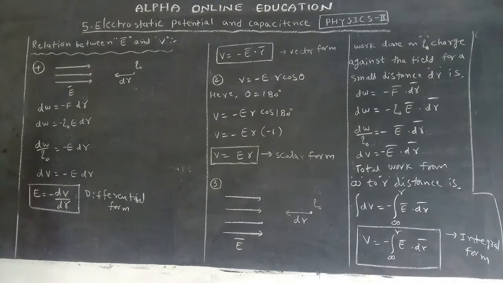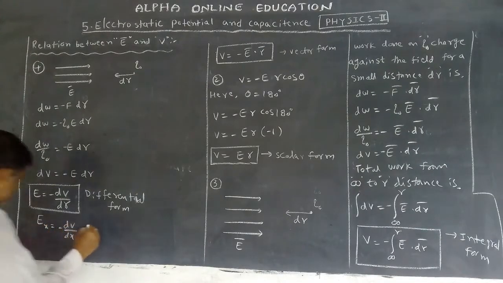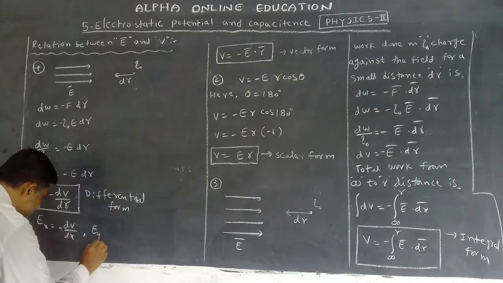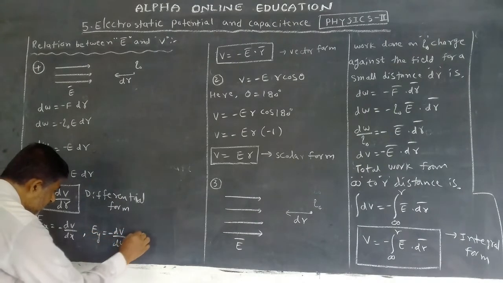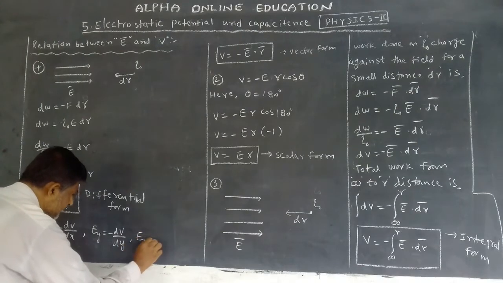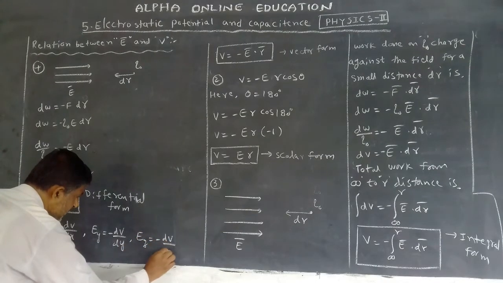Okay, this is the differential relation between intensity of electric field and potential. So here we can write, let us take it as Ex. So what we can write? Minus dV by dx. Okay, if it is y, minus dV by dy. Okay, if it is the z direction, minus dV by dz.